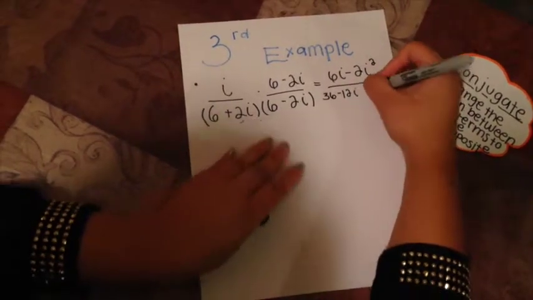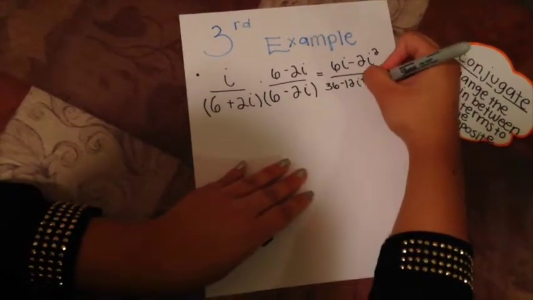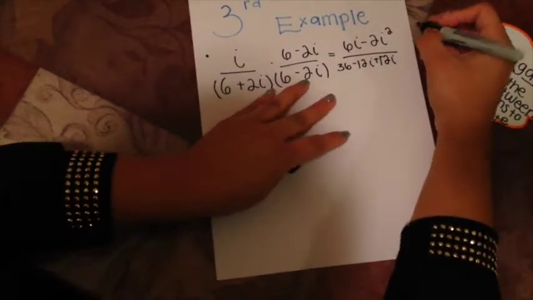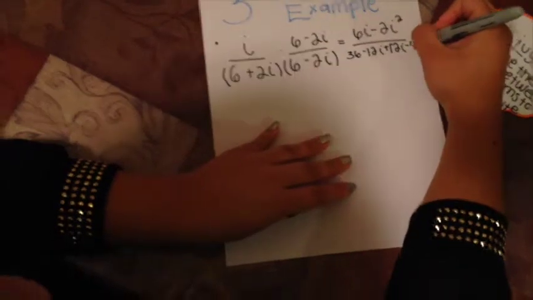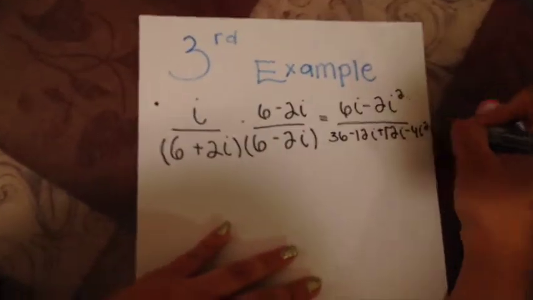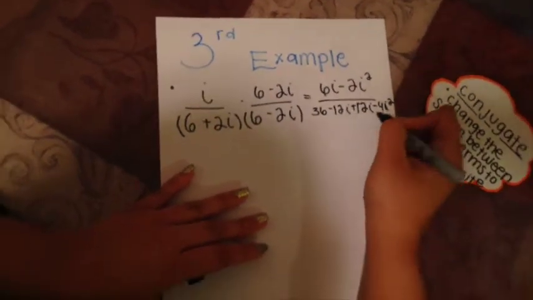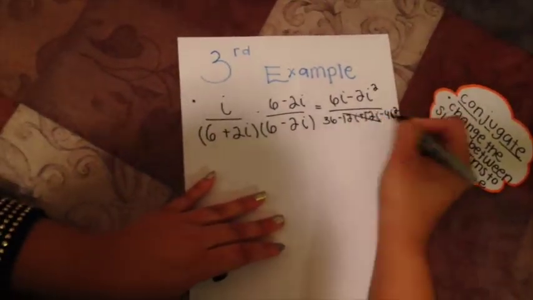2i times 6 equals positive 12i. And 2i times negative 2i equals negative 4i squared. The negative 12i and the positive 12i cancel out.